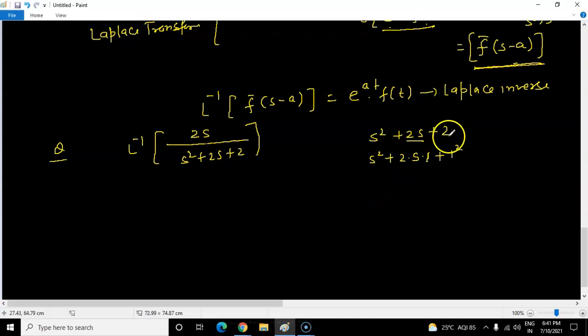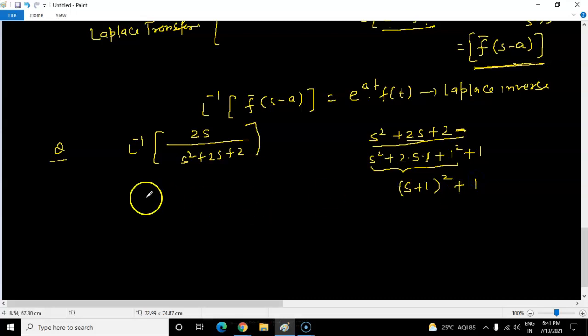And we have to bring 2 here, so we already got 1 here. If I add it once, it becomes the same values. I have written it in the form of a square plus 2ab plus b square and plus whatever remaining terms are required to make it equivalent. So this I can write as s plus 1 whole square, and this one I can write as 1.